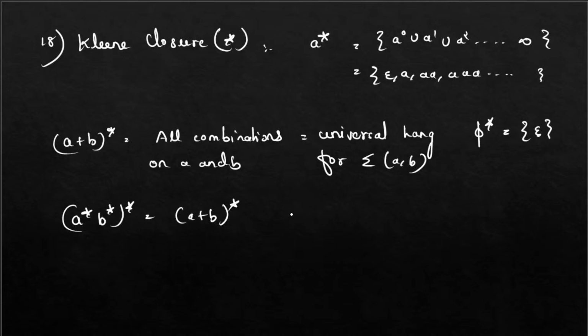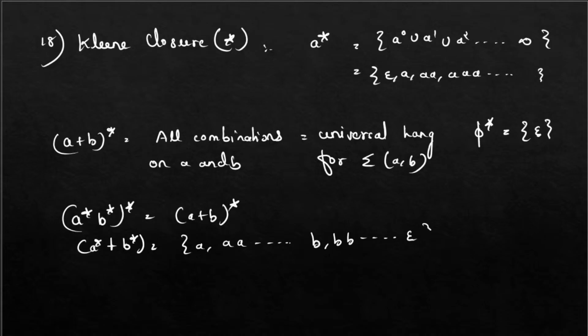Okay, this is the first point. Second, A star plus B star is all strings of A, all strings of B and epsilon. But it is not like AB, such things will not happen in this. After that, A Kleene closure A is equal to A star. Okay, so I hope Kleene closure is absolutely clear.